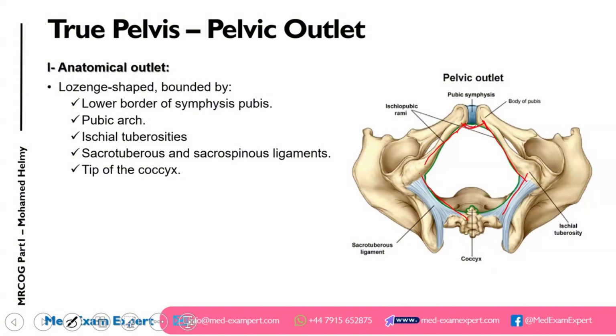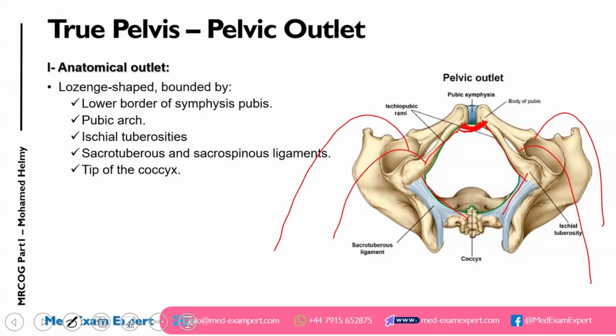It's formed by the lower border of the symphysis pubis. Now we are looking from below, like assuming that this is a patient lying in a lithotomy position, and we're looking at the pelvis from below.